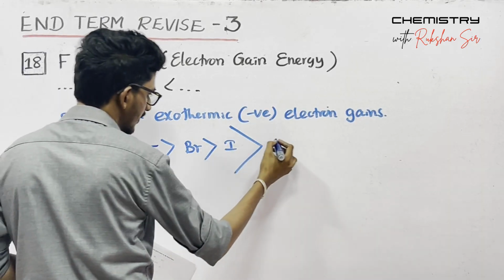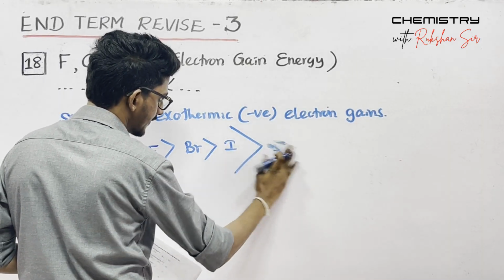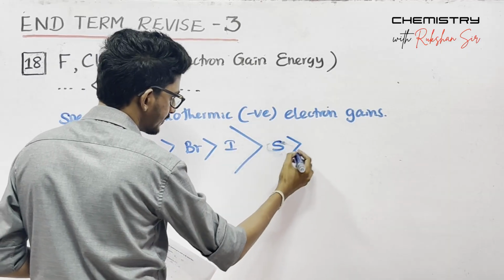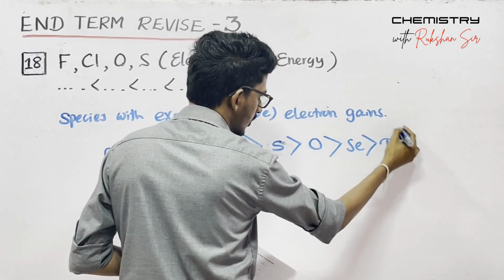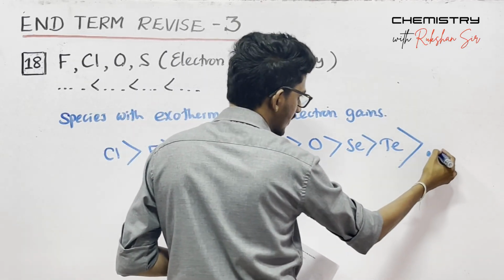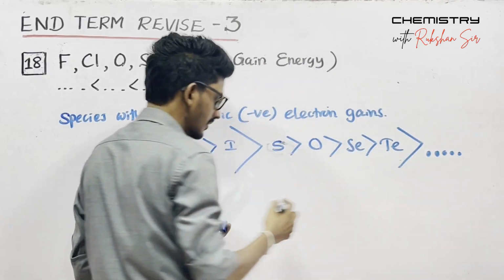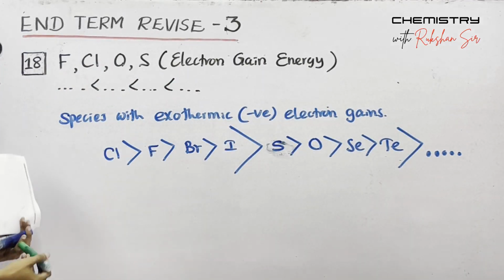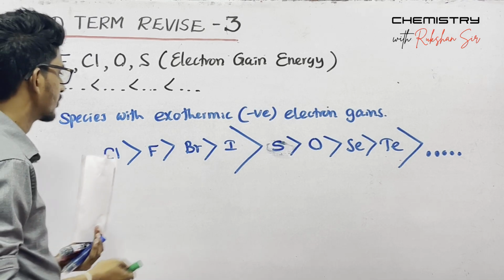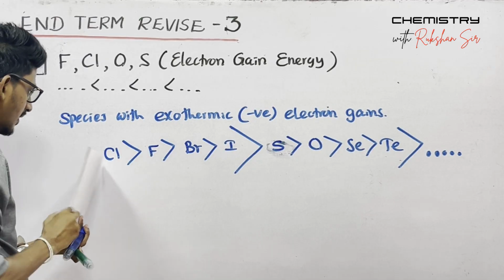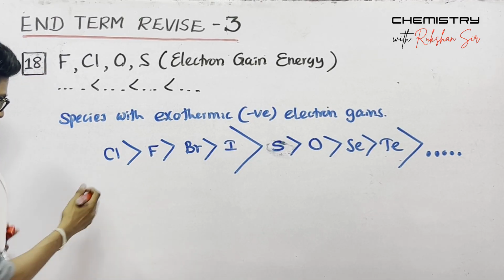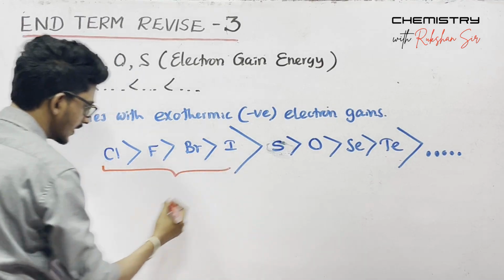Then you have sulfur, oxygen. All the other atoms have lower electron gain energies than these. So when it comes to exothermic electron gains, the highest values are with group 17.